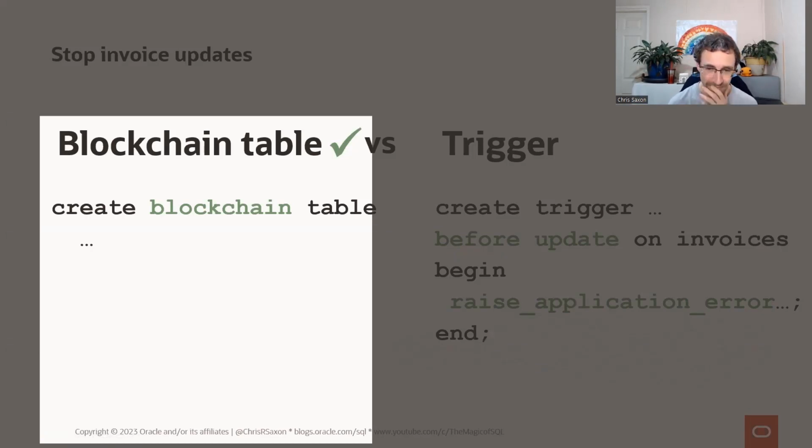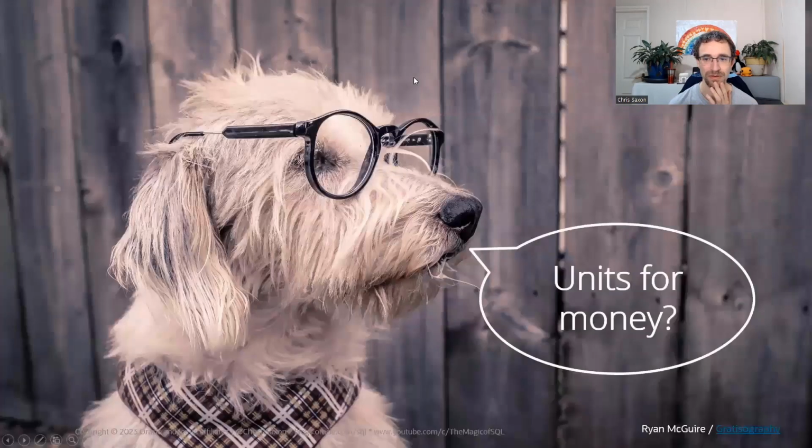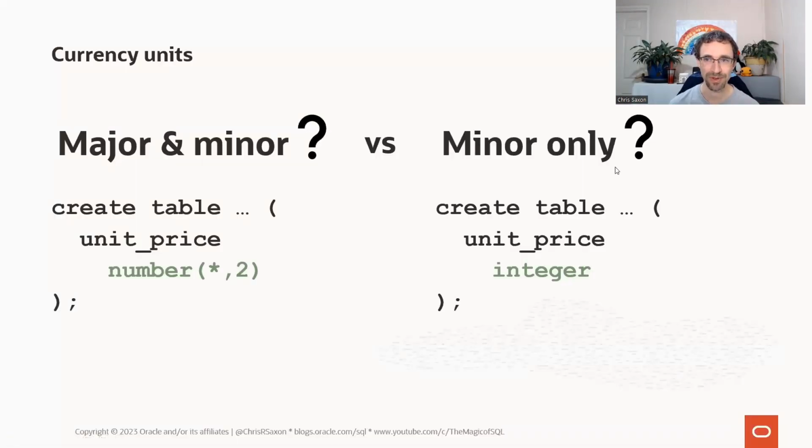All right, so let's stop sharing, put that back. All right, so let's move on to the next choice. Now, this is probably an interesting one. What units are we going to store the monetary values in? So there are two basic approaches. We can store in major and minor units, so pounds and pence, euros and cents, dollars and cents, that kind of thing.